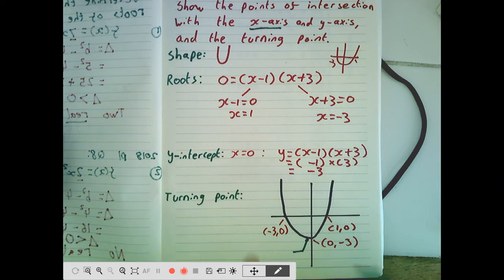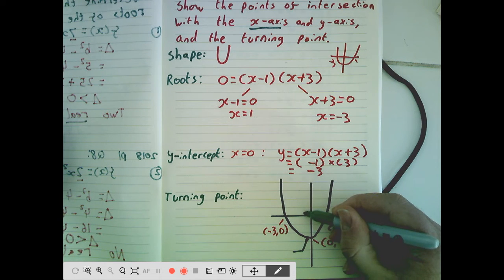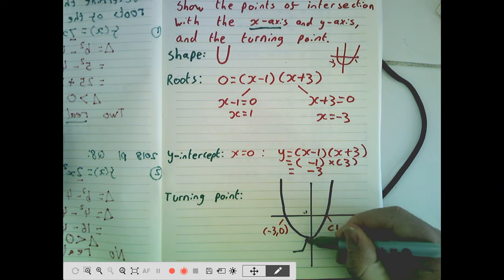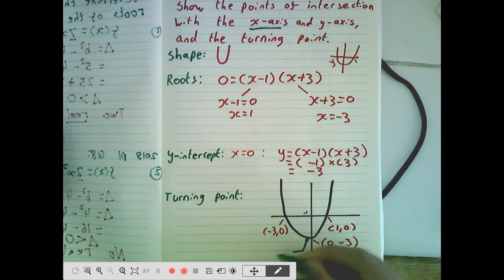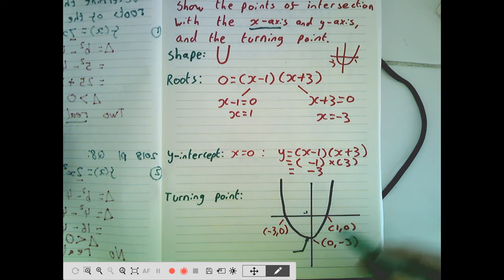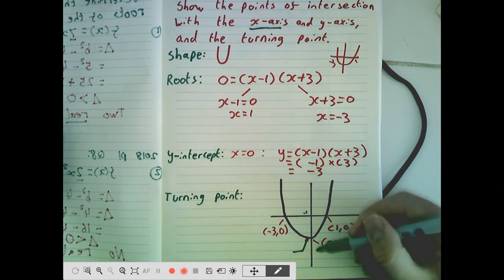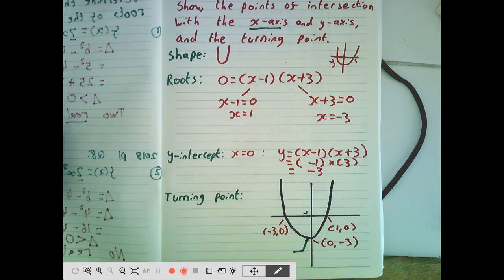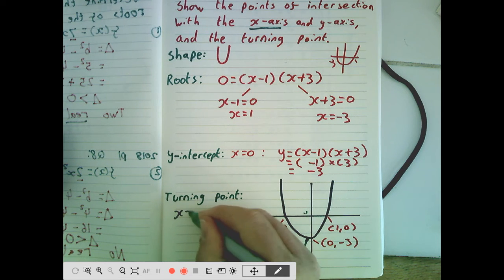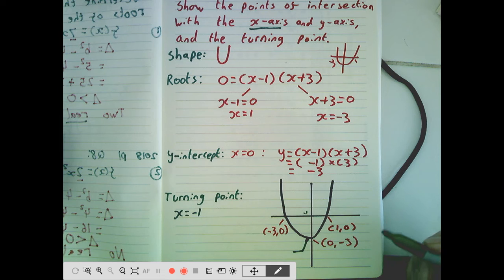Okay, so if you imagine coming in, if we go 1 this way, we get to 0, -2, -1. The point -1 is going to line up with this x coordinate here at the bottom. So I've just used symmetry to see where that x value is going to be. So we know the turning point, the x value is going to be -1.